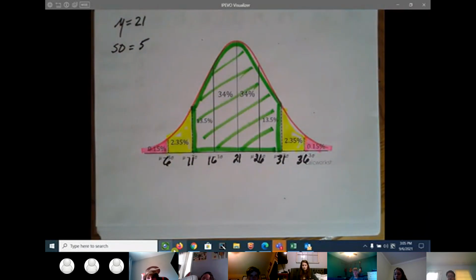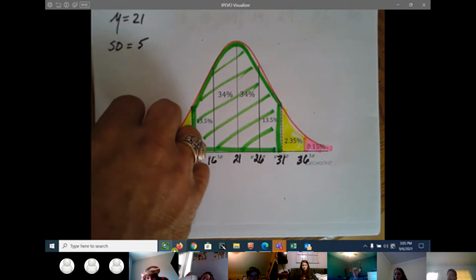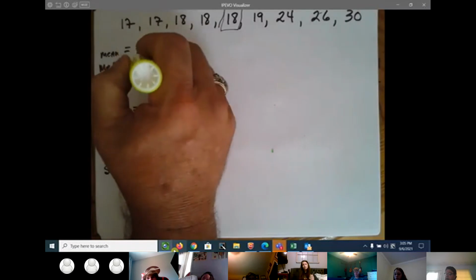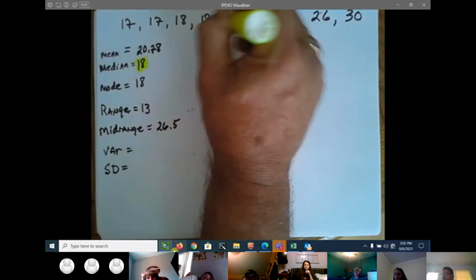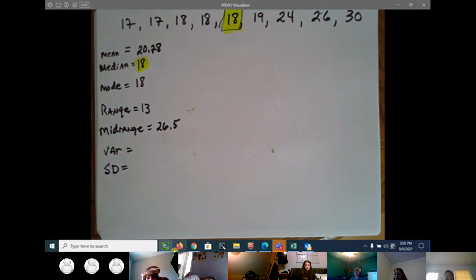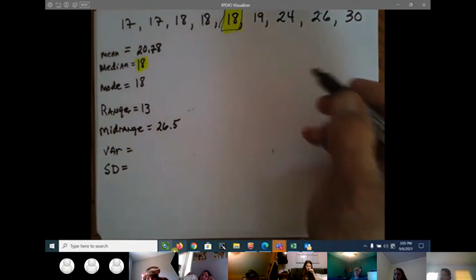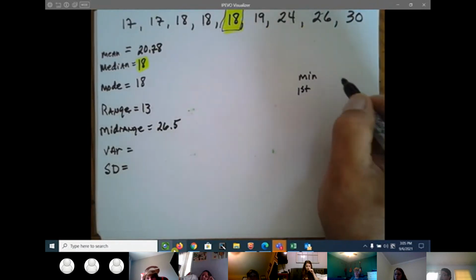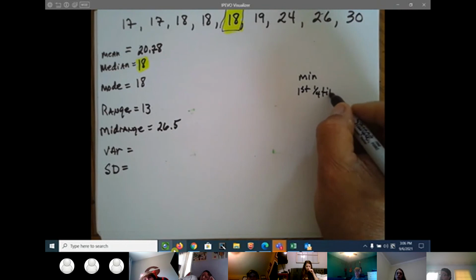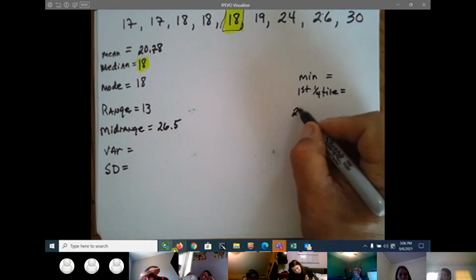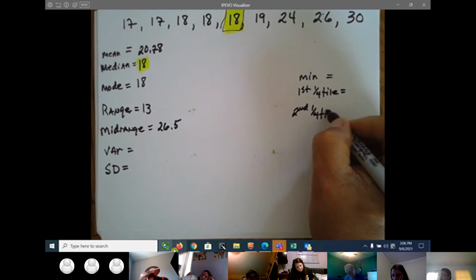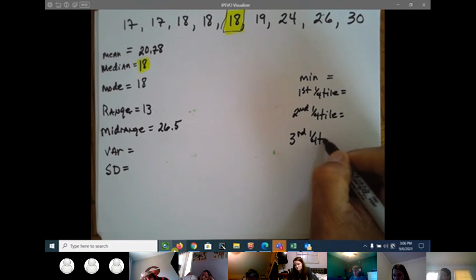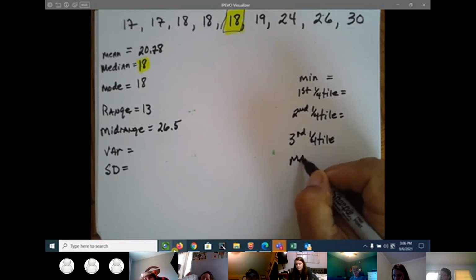Now, what about quartiles? I told you about quartiles. Let's go back. Here is the median. 18 is the median. I'm going to show you the quartiles. There's the min, the first quartile, the second quartile, the third quartile, and the max.